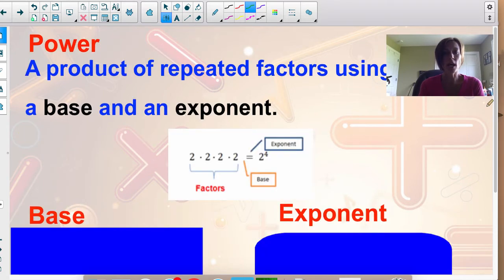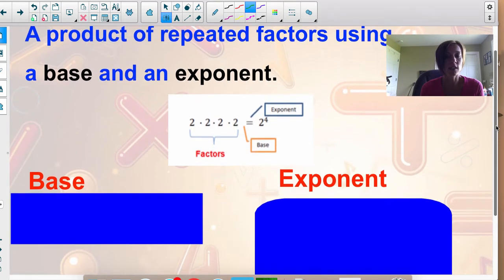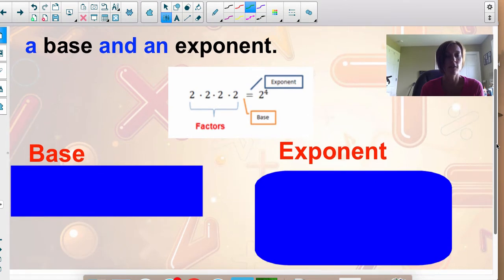A power is a product of repeated factors using a base and an exponent. So go ahead and get those vocabulary words into our notes. Once you have it, unpause the video and continue on. We have a nice little graphic in the middle of the screen. It's showing us that our factors are what's being multiplied. That is known as our base.